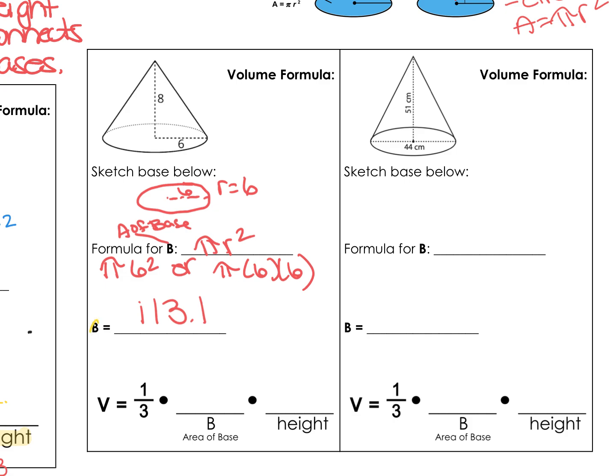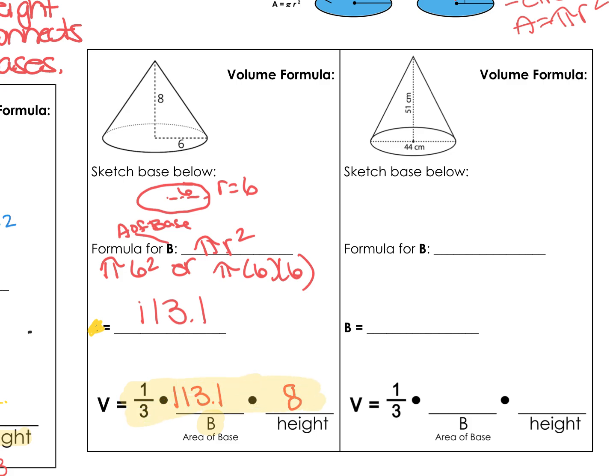I'm not done yet. Whoops, I'm not done. Okay, I'm now going to take that big B and I'm going to plug it into my volume formula. So my big B is at 113.1, and I'm going to multiply this by the height, which is 8. And now I am going to be plugging all of this into Desmos.